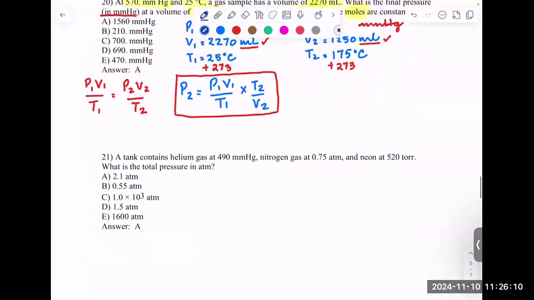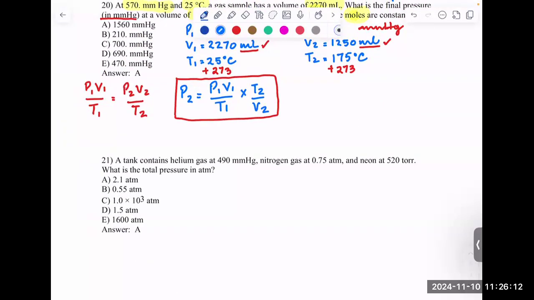Now let's look at the next one here. A tank contains helium gas at 470 millimeters of mercury. So 470 millimeters of mercury relates to pressure. Nitrogen is the gas, so nitrogen N2, at 0.75 atm.